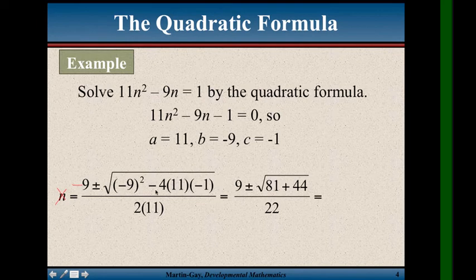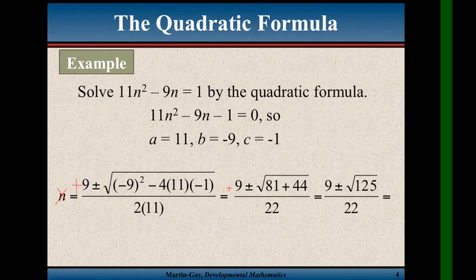Then negative negative, that's positive, 4 times 11 is 44. Again, this one is negative 9. Yeah, it's positive 9 because our formula is negative b. I'm sorry, I'm wrong with that. And then 81 plus 44 is 125.